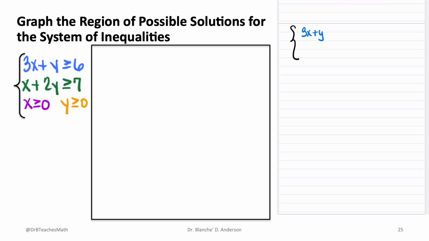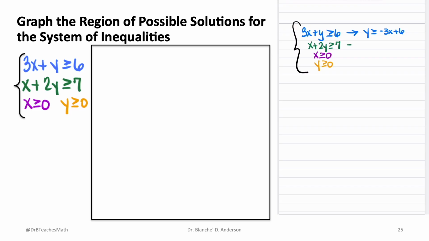3x plus y is greater than or equal to 6. x plus 2y is greater than or equal to 7. x is greater than or equal to 0. y is greater than or equal to 0. Okay, so if I rewrite this in slope-intercept form, it would look like y is greater than or equal to negative 3x plus 6.